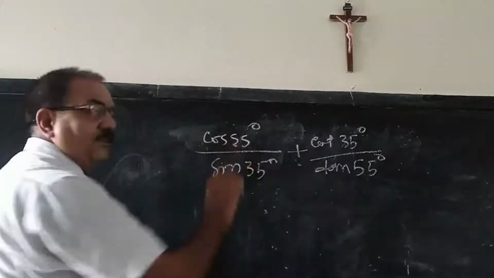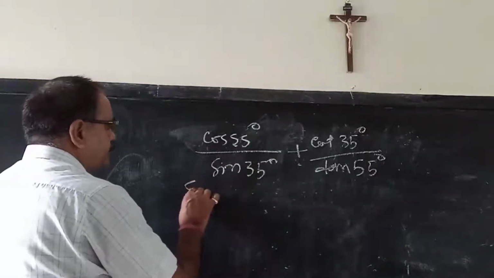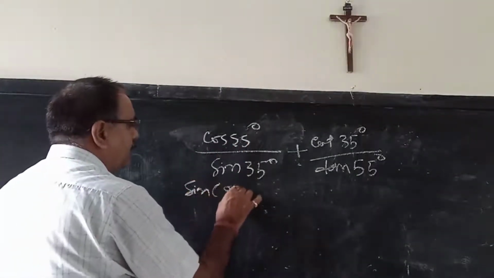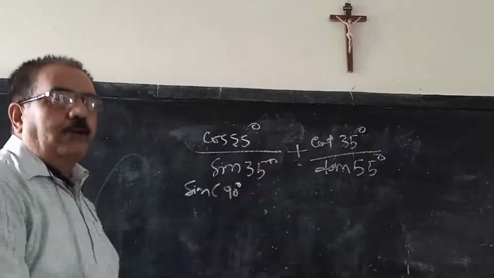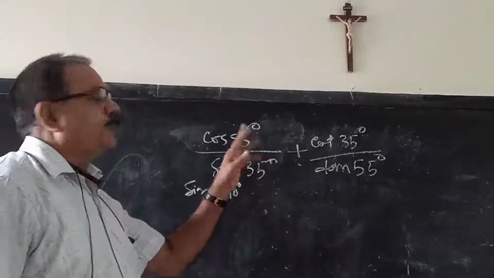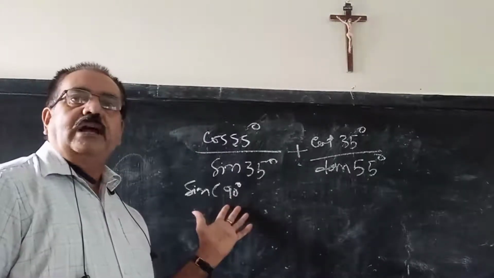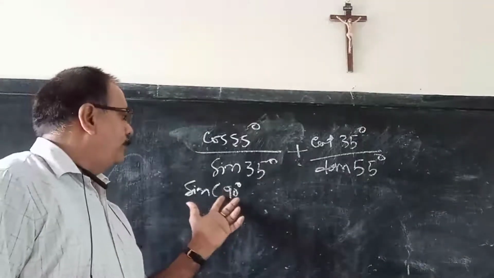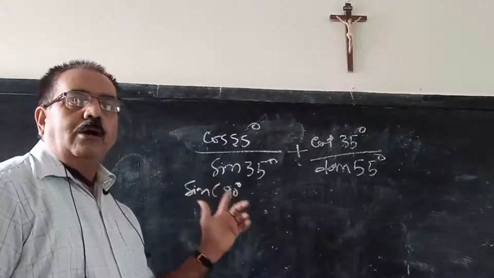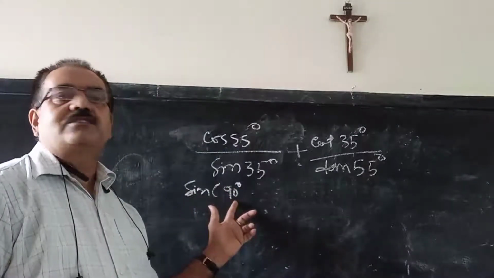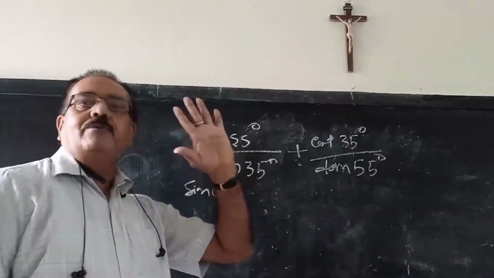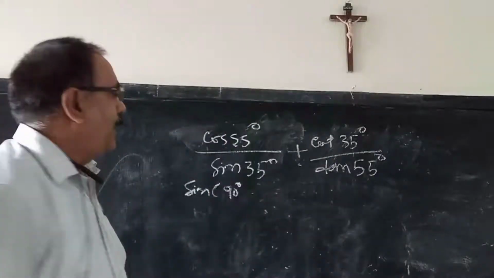So I am converting this. Cos 55 must be there, we cannot change the angle. Now when we convert it to 90 complementary, we write 90 first. How much should we subtract from 90 so that it will be equal to 55? This is 35.